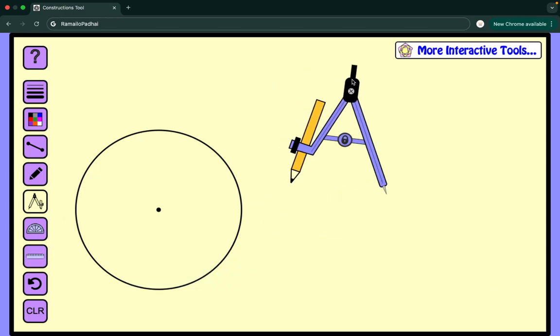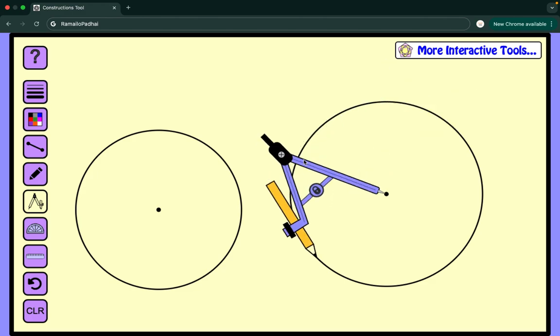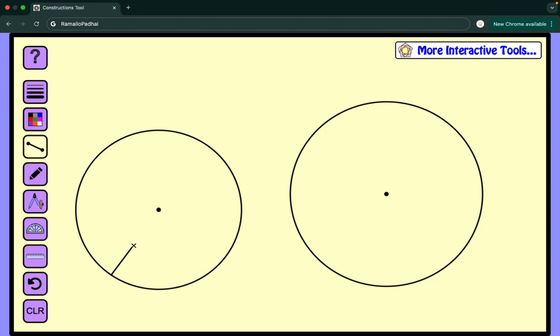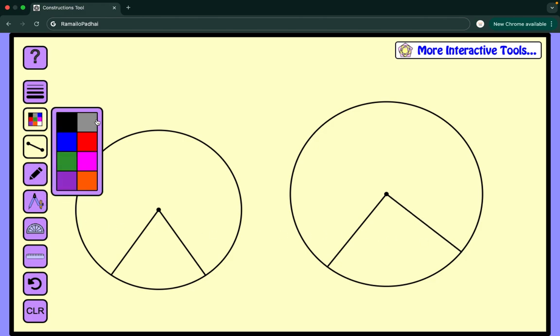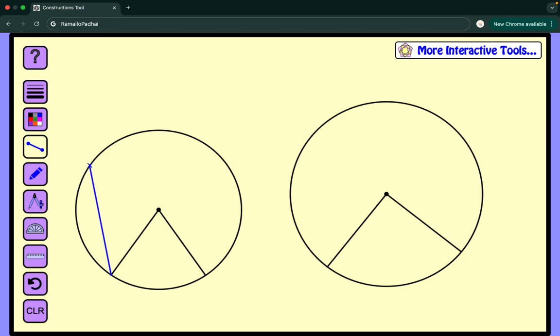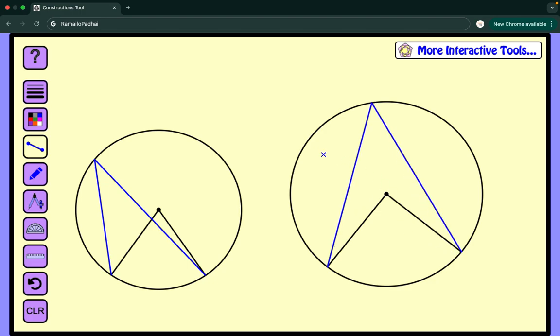Okay. So this will be another figure. Fine. What we need is a central angle and an inscribed angle. I will make the inscribed angle with blue. Okay. So this will be the inscribed angle. Fine. And what we have said is that the arc will be AB.